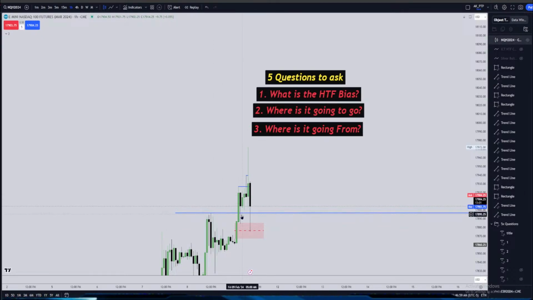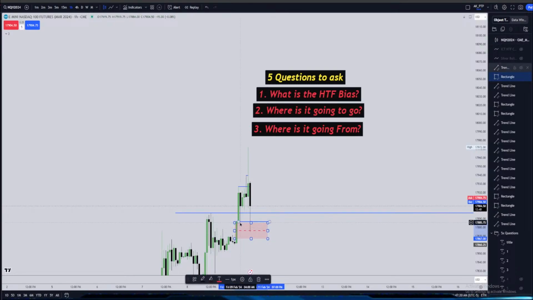When this retracement was happening, I was looking at the chart to see if the candle can close below this level or not. If it closes below this level, that can create a change in state of delivery. When market came and retested the fair value, it did not close below that, it immediately went above.